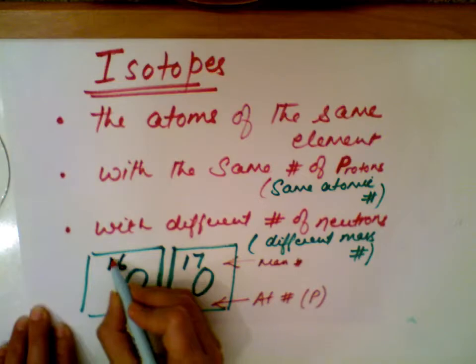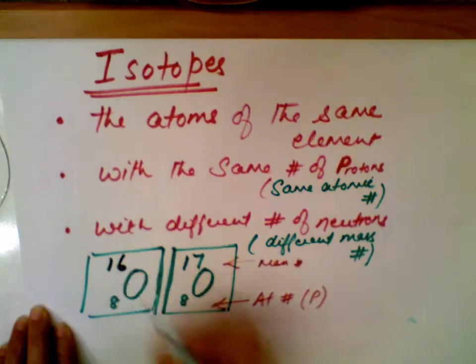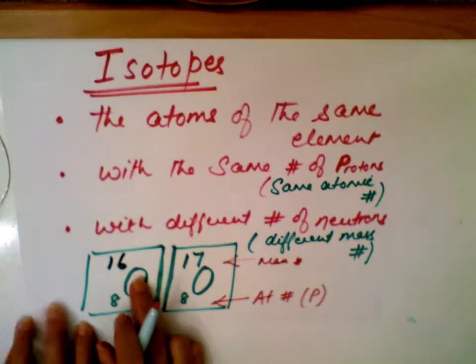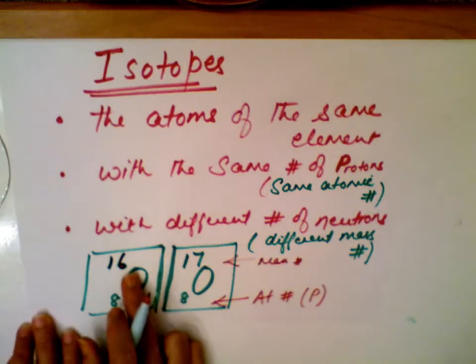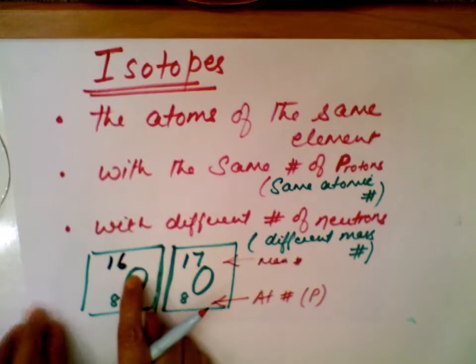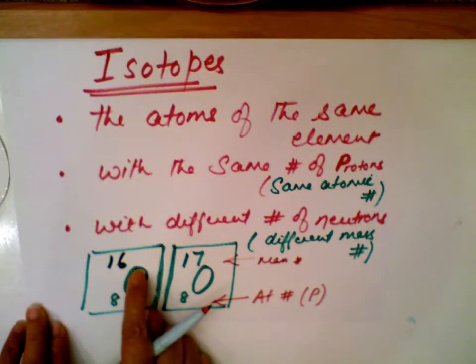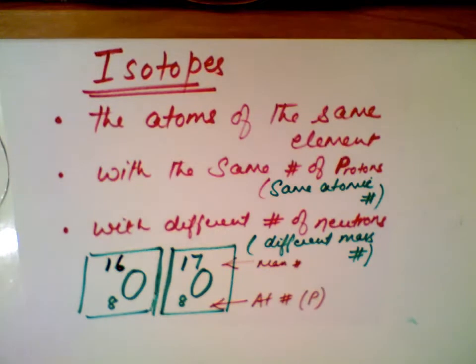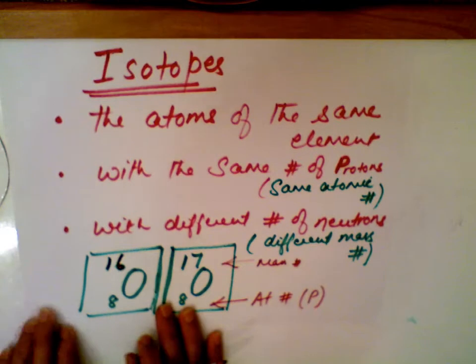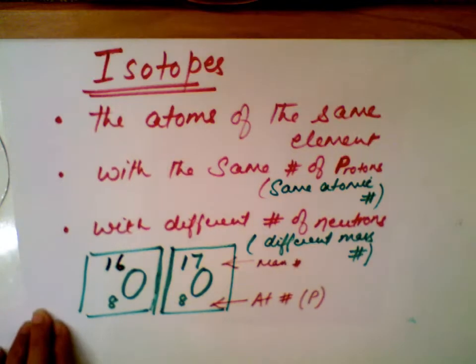I was telling you that on the periodic table, you see only oxygen 16. The reason for that is that it is the most prevalent. In nature, we have different versions, different isotopes of oxygen, but we cannot put all of them on the periodic table. So what you see is the weighted average of all those isotopes.